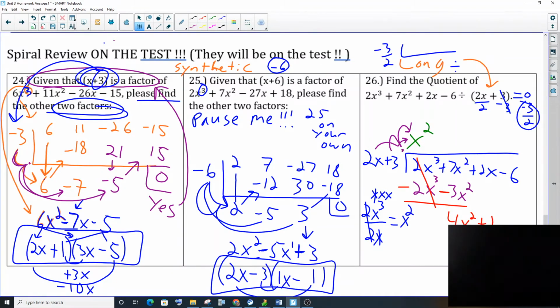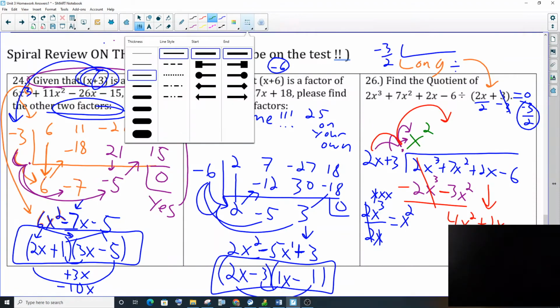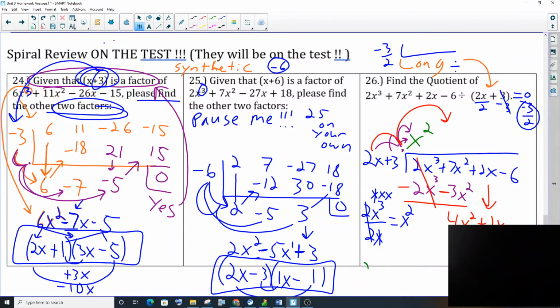Bring down the 2x. How does 2x times something give us 4x squared? What do you think that something is? You're right, just 2x.